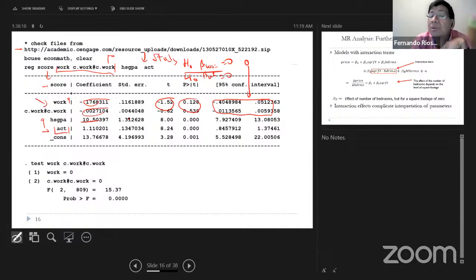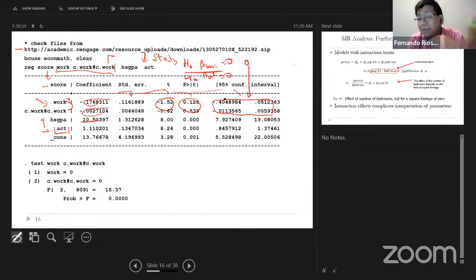So you would mistakenly say that even though work has a negative effect on the score, it is statistically not significant, and incorrectly conclude that it doesn't matter if people have jobs, it's not going to affect their score. And that would be incorrect. Why is this incorrect? Because by introducing work and work squared, we are also introducing multicollinearity, which is going to affect how standard errors are estimated, which is going to affect the t-statistics, the p-values, and how significant they are.